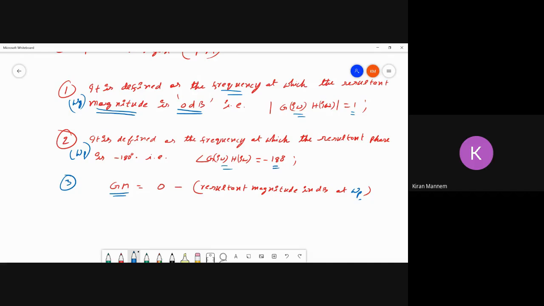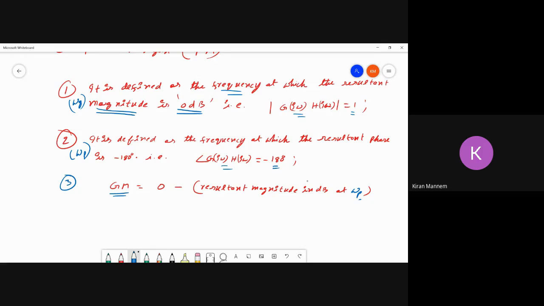If it is negative, it is an unstable system, and if it is equal to zero, that is, when the phase crossover frequency equals the gain crossover frequency, omega g equal to omega p, it is a marginally stable system.